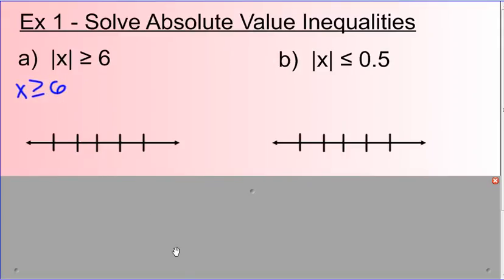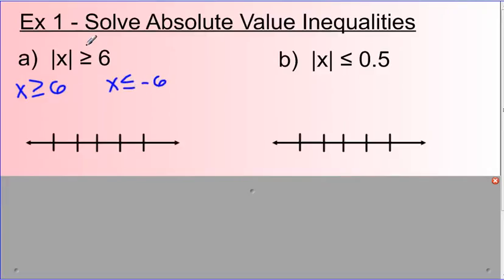Now, here's the trick. Here's the pattern that you're going to see in every single problem here. You basically write this once without the absolute value signs. So x is greater than or equal to 6. Then x is less than or equal to negative 6.